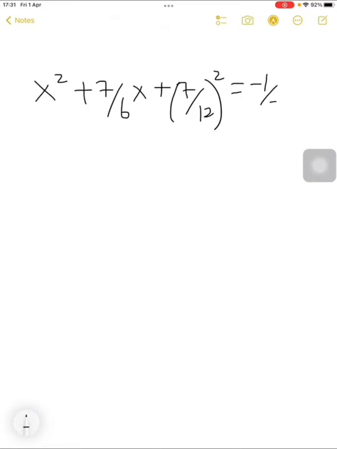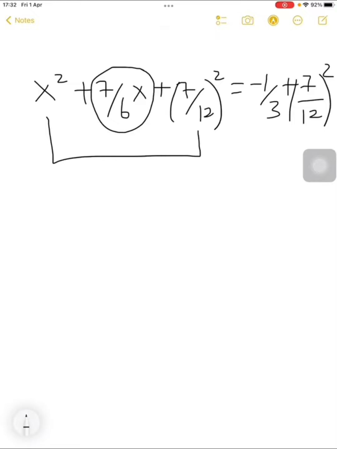We have x squared plus 7 all over 6x plus 7 all over 12 squared is equal to minus 1 over 3, and then we plus 7 all over 12 squared. That's the third step. And then now the fourth step is, after you get to here, we have to ignore this term, and we'll be left with this and this.